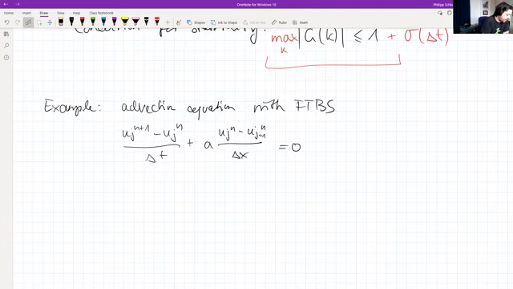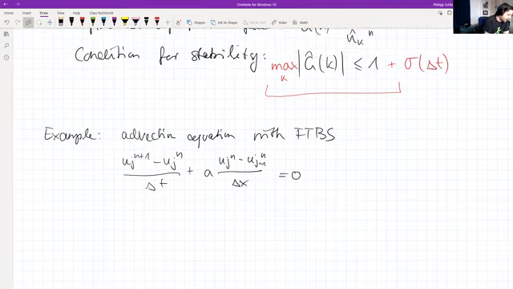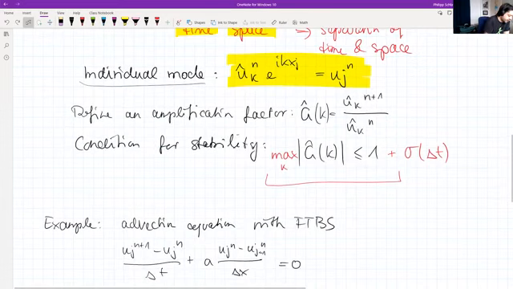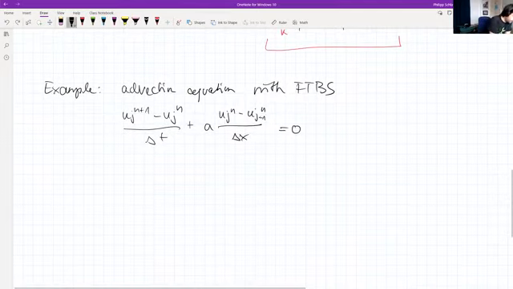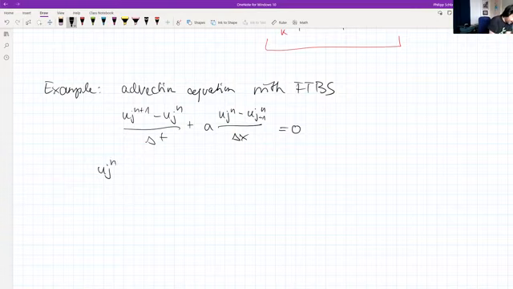And now the idea is that we need to replace our solution, so these guys here, with individual Fourier modes, essentially with what we have written here in yellow. So if we do that for all the terms that we need, of course, the u_j^n would just be u hat k at time n times e to the i k x_j.